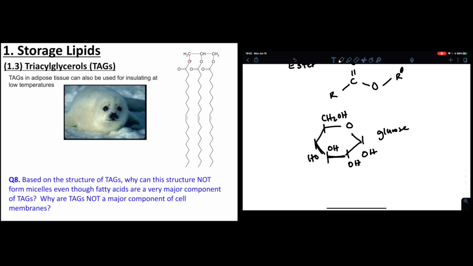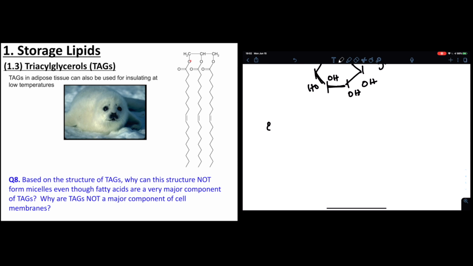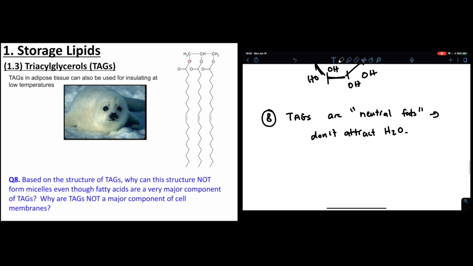So we're going to write this down. This is question 8, right? TAGs are called neutral fats. So they don't attract H2O, and therefore they are not amphipathic, and they can't form micelles.